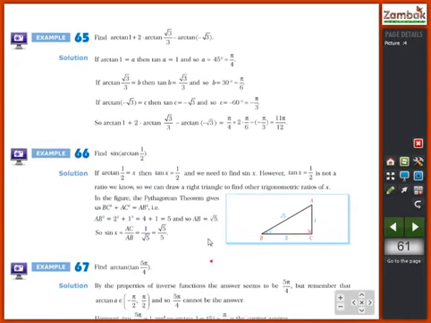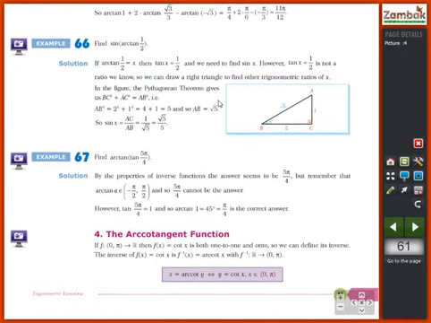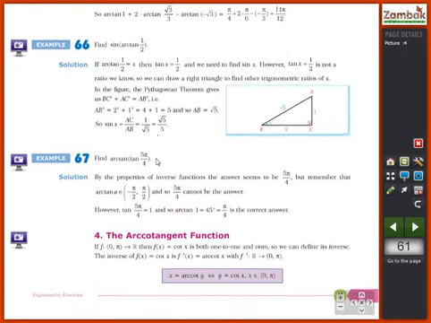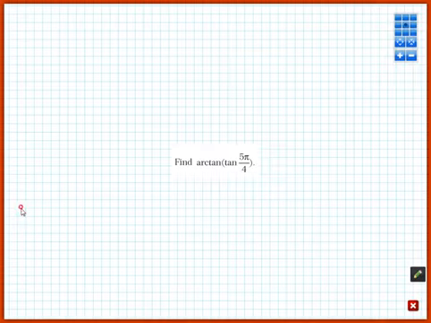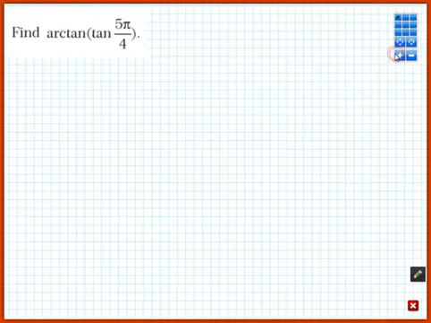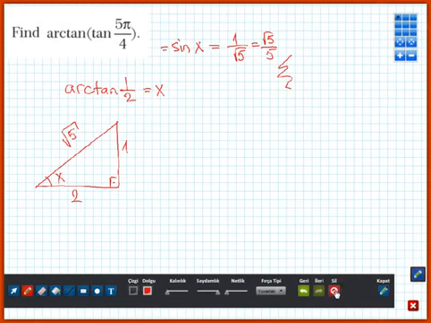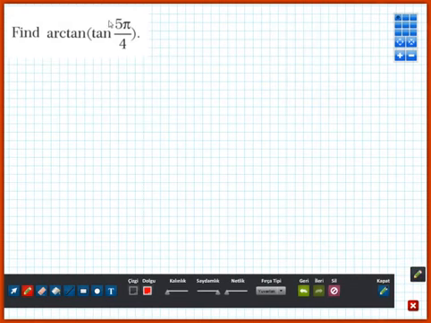Let's solve another example. This example is also easy. Here, arctangent of tangent 5 pi over 4. Tangent 5 pi over 4 is in the third quadrant, where the tangent is positive, and it's pi over 4, so it will be 1.